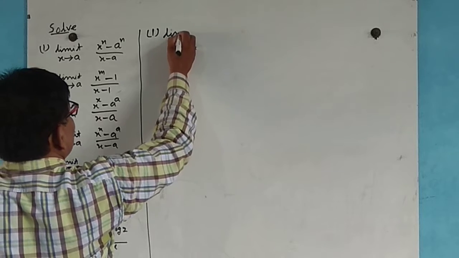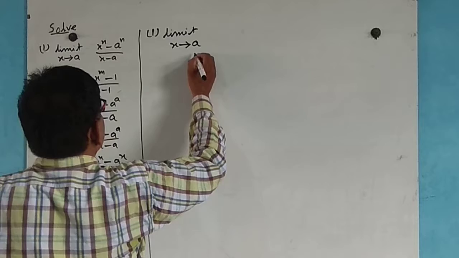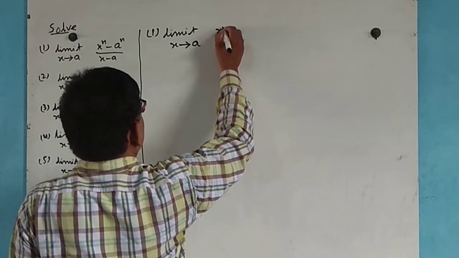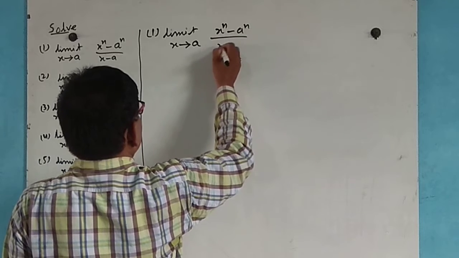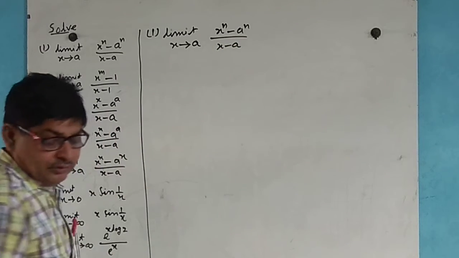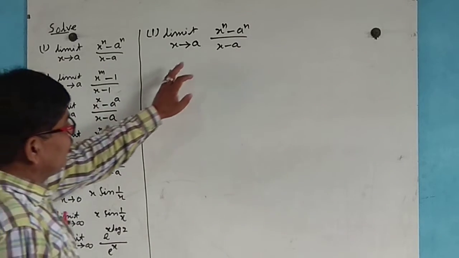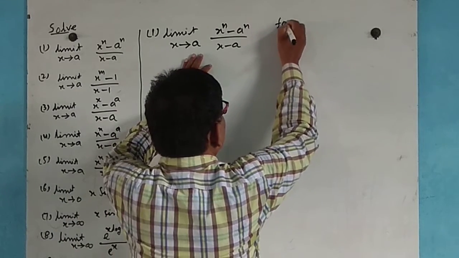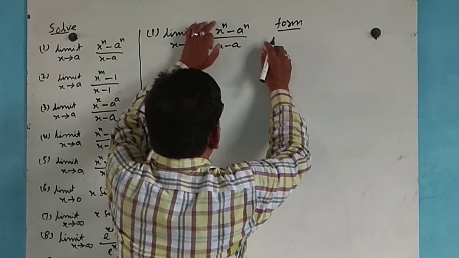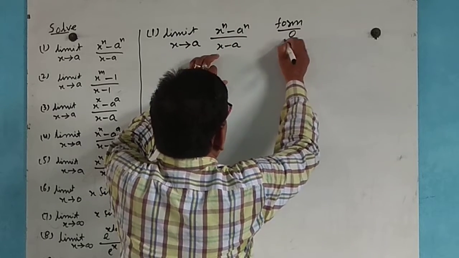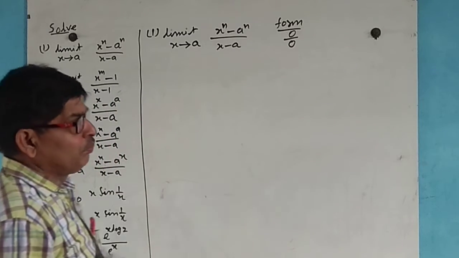Limit x tends to a, x to power n minus a to power n divided by x minus a. First of all check the form. Here x is equal to a, a to power n minus a to power n is 0, and a minus a is 0, so 0 by 0 form.